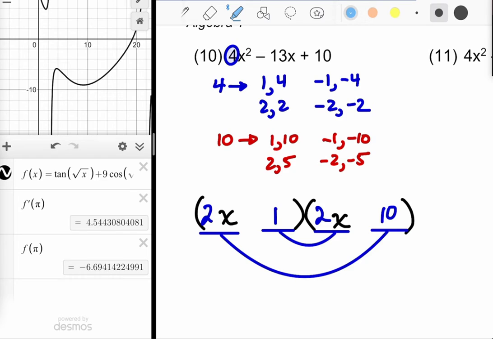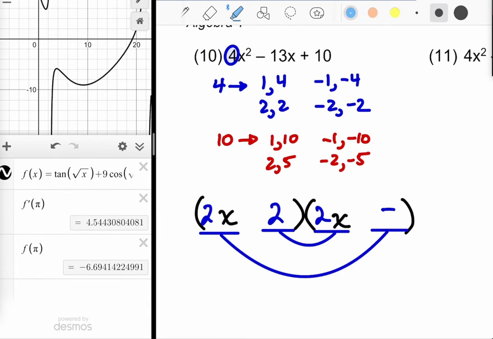So I put in the 1 and the 10. I get a GCF here. That's no good. If I put in the 2 and the 5, I get a GCF here in this expression. If I switch the 2 and the 5, I'd just get the GCF in the other expression. It wouldn't make a difference.